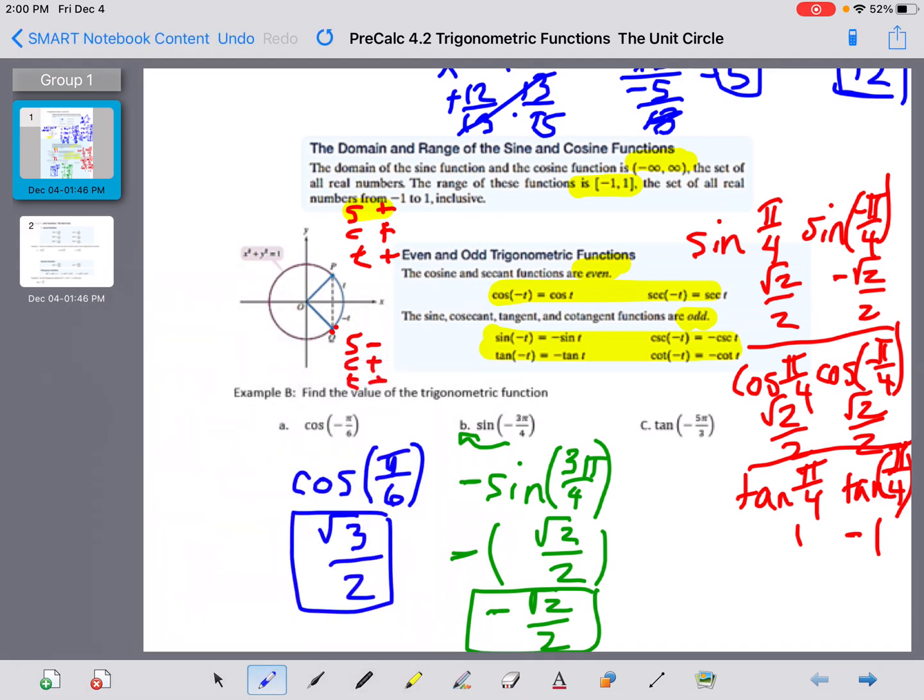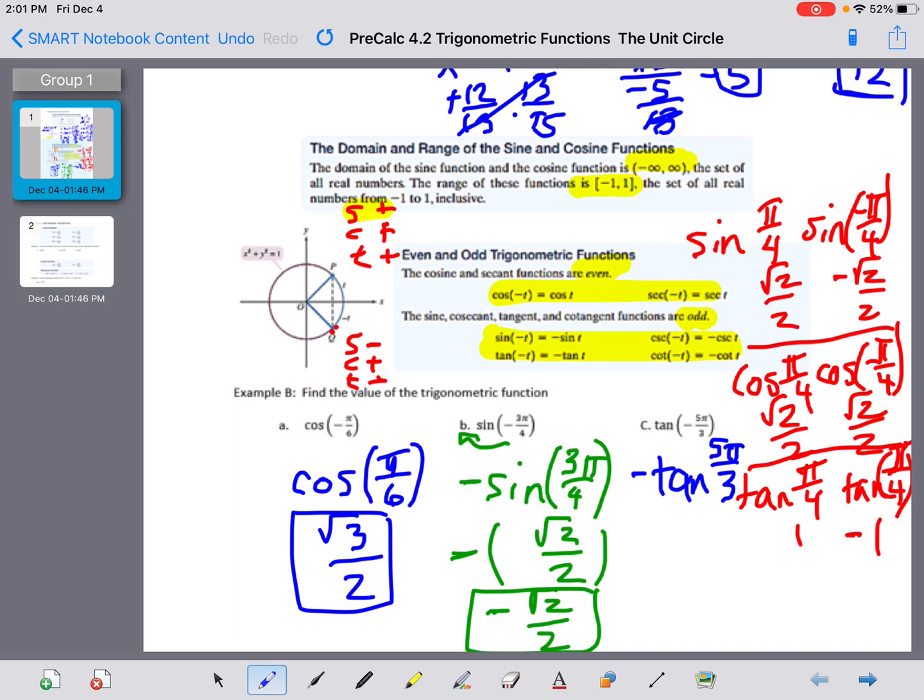All right, the last one, tangent. Well, I know tangent again is odd, which means my negative can come out front, and I'm going to find the tangent of 5 pi over 3. Okay, 5 pi over 3, that's more than 1. So 5 pi over 3, that lands me in the, yeah, that one, right? It lands me in the fourth quadrant.